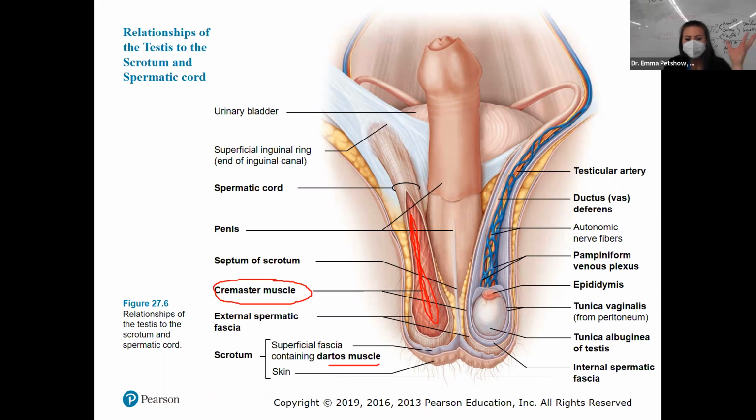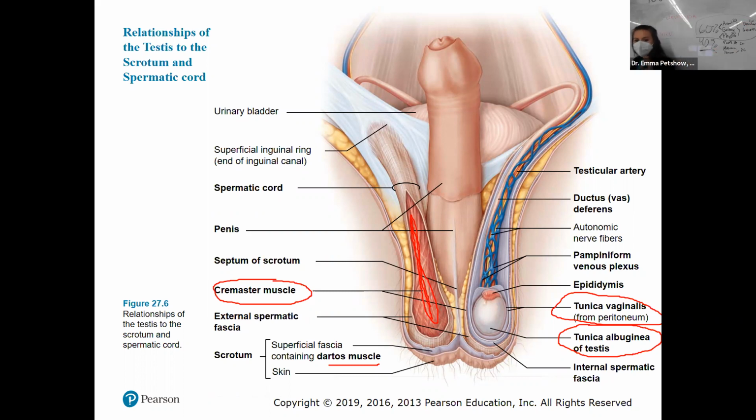And then you have fibrous layers or tunic layers. That's what we call them. So the cremaster muscle is the most important muscle to know when we're referring to testes. Then you have these two tunic layers, your tunica vaginalis, which is from peritoneum, and your tunica albuginea of the testes. I think about the tunica vaginalis as the outside layer. It comes from the peritoneum, versus the tunica albuginea is the inner layer that forms more of that fibrous capsule.